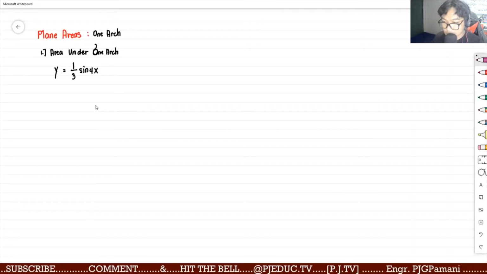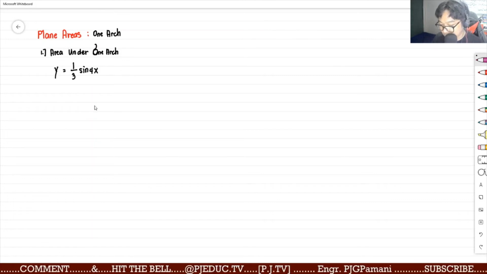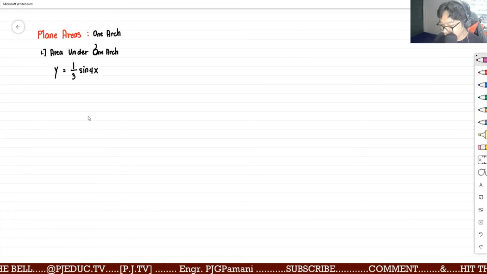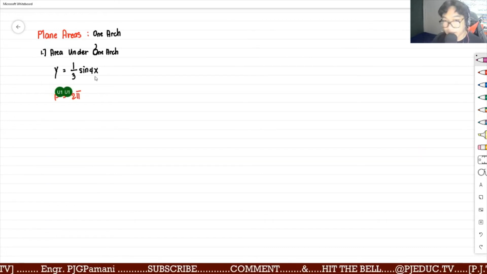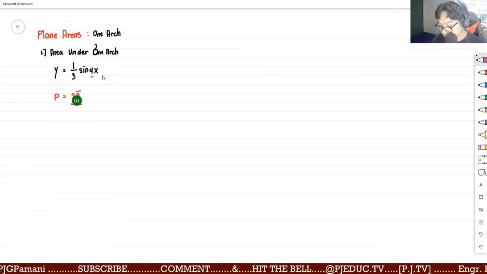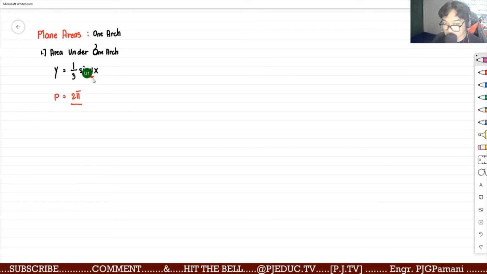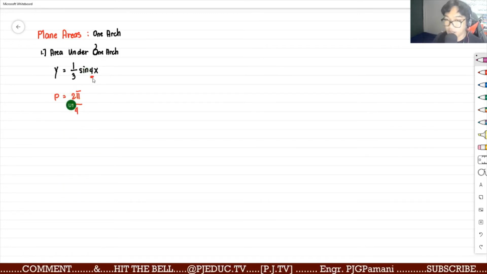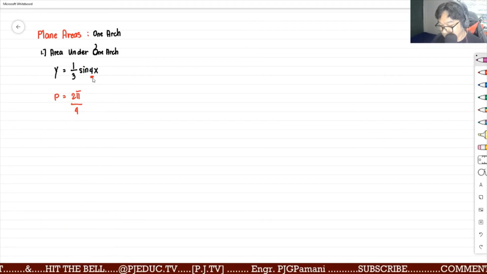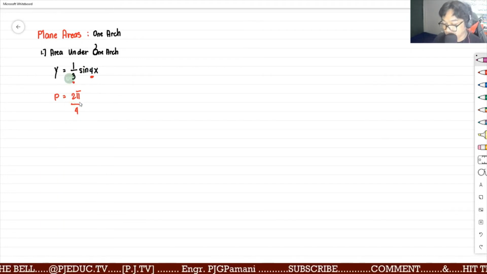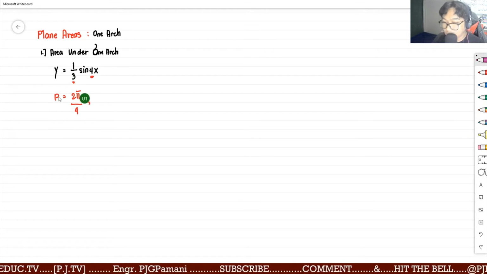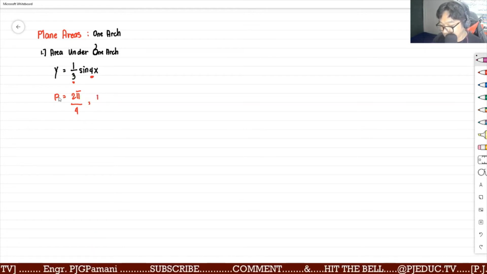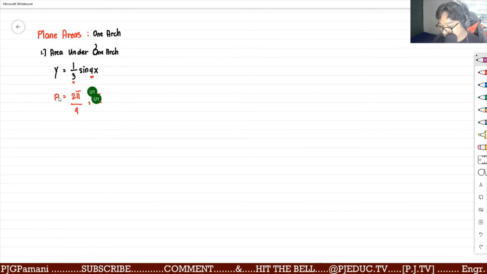So let us first compute the period of this curve. Computing for the period of this curve, that is simply complete revolution is 2 pi divided by the number beside x, which is 4. Yung 1/3 yung ating maximum minimum. That is 2 pi divided by 4, which is equal now to pi half.